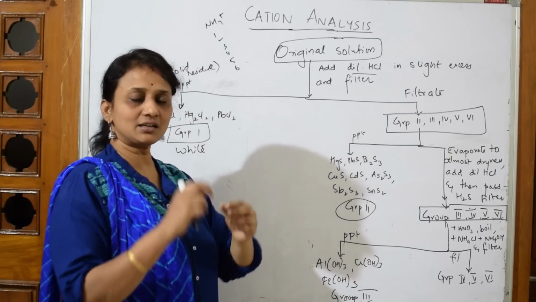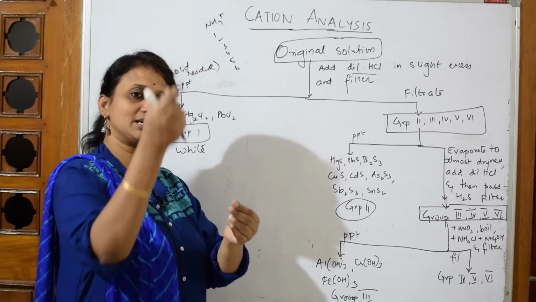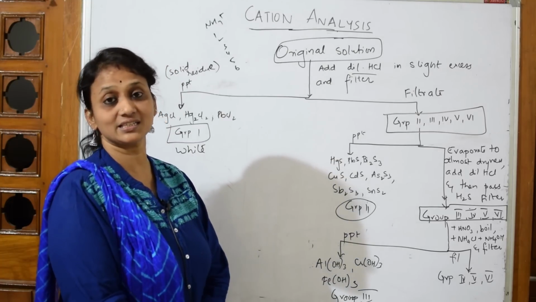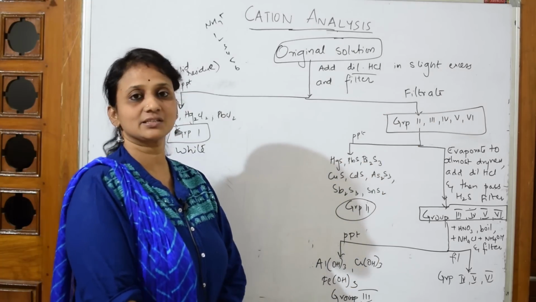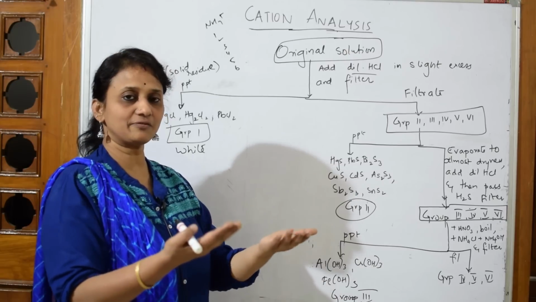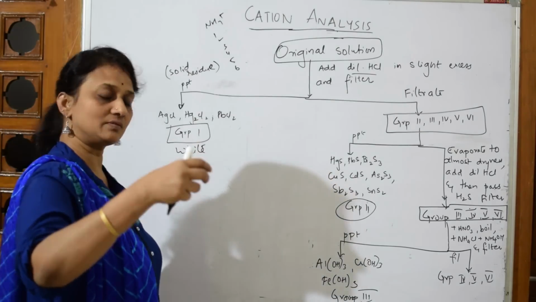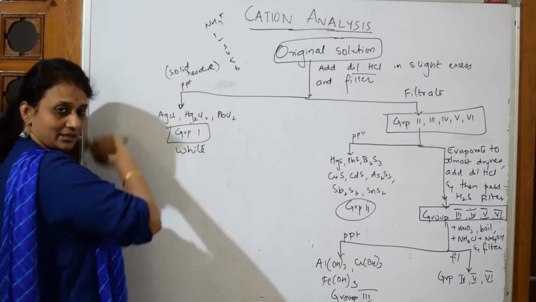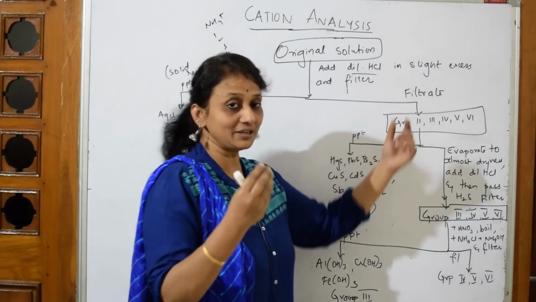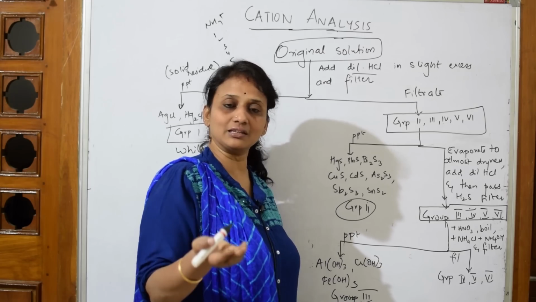I have taken the original solution and started adding the first group reagent, dilute HCl, a little bit in excess, and I have filtered it. Once I filter, as I told, 2 parts you'll get. On the filter paper, the solid part is the precipitate, and the filtrate is the clear solution at the bottom.